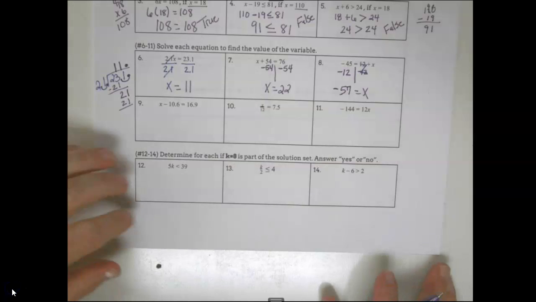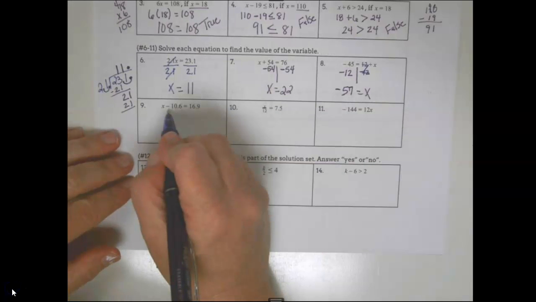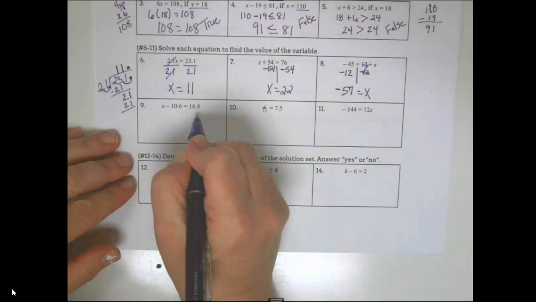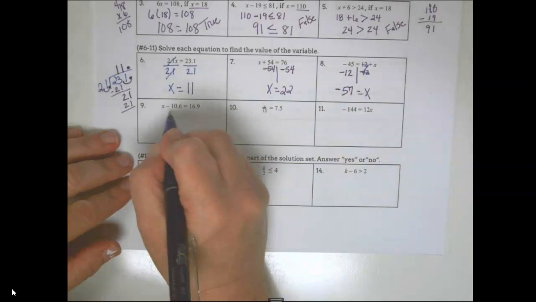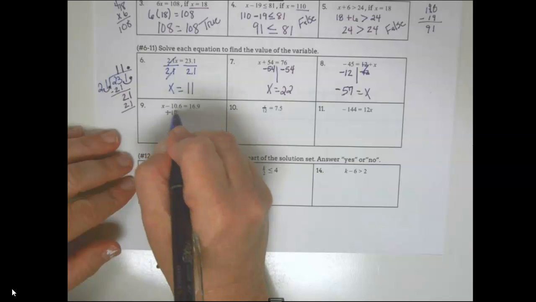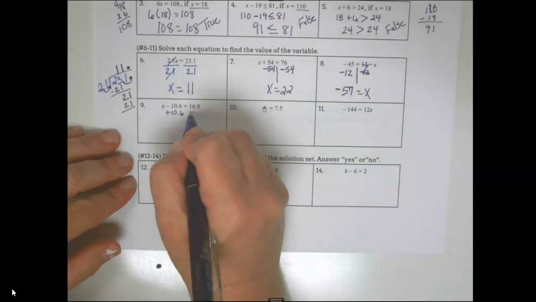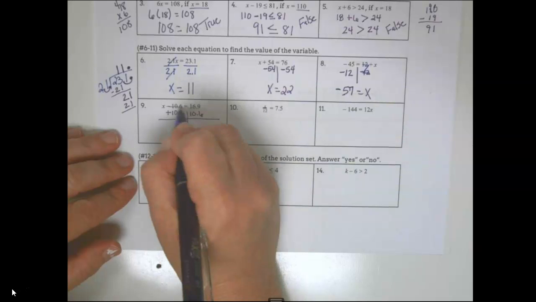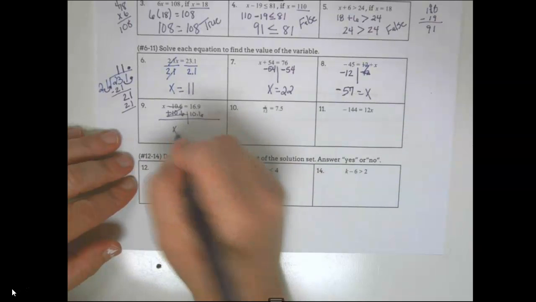Number 9. x minus 10 and 6/10 equals 16 and 9/10. I'm going to add 10.6 on this side, add 10.6 on this side. That's my zero pairs.